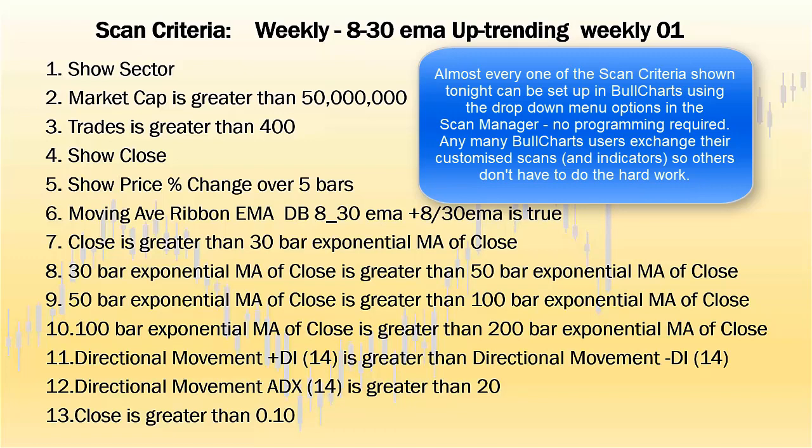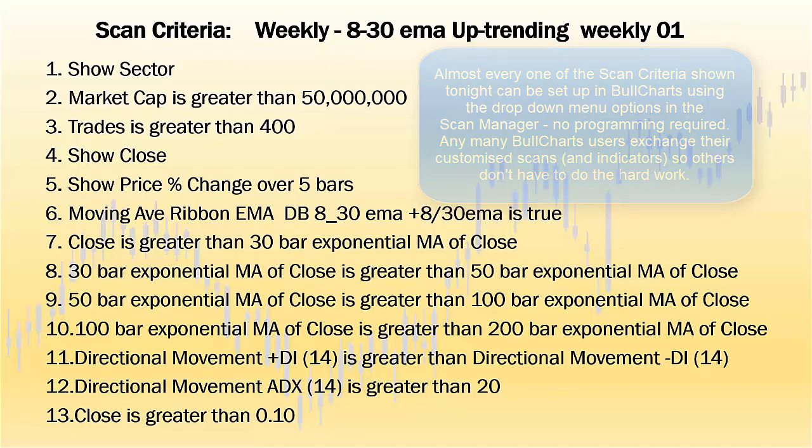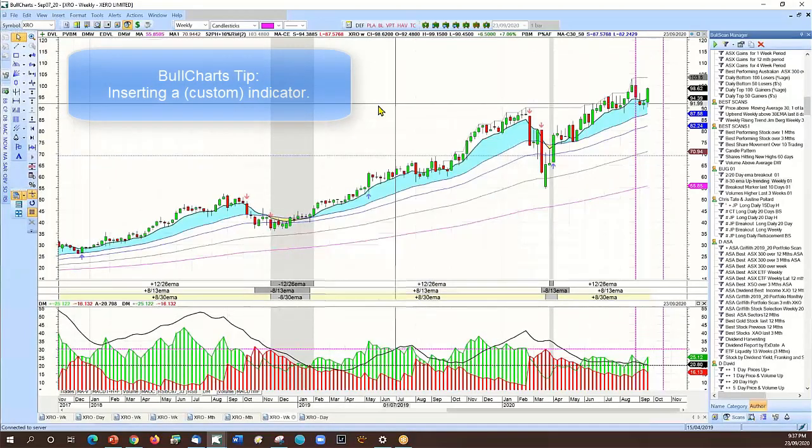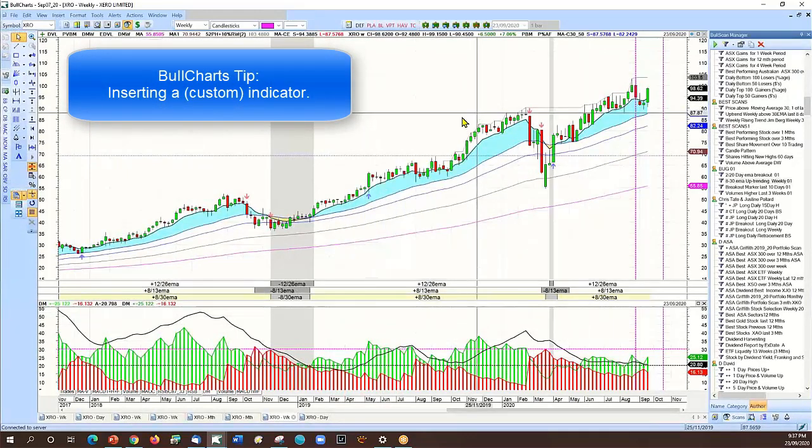In other words, it's positive. If it's in the white or yellow, it's positive. If it's in the grey, it's negative. The scan box simply says it's got to be in daylight, as they call it. That's all it's doing. Once you get used to it, it's quite powerful, and that's what works for me anyway. I also designed another indicator which I'll show you.